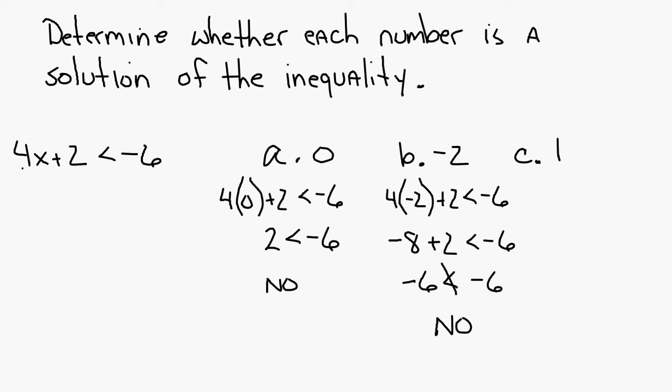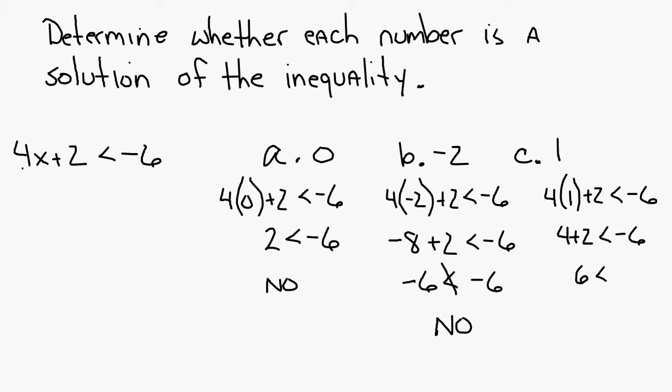And then you're going to do the same thing for the 1. You'll take 4, multiply it by 1, add 2 to it, and determine if it's less than negative 6. 4 times 1 is 4, plus 2 is 6.